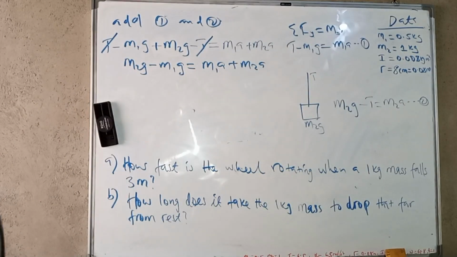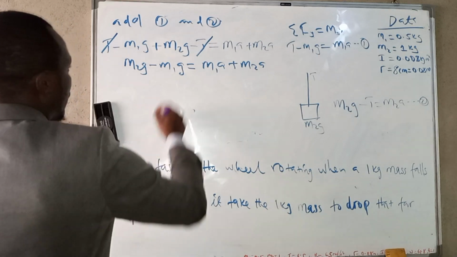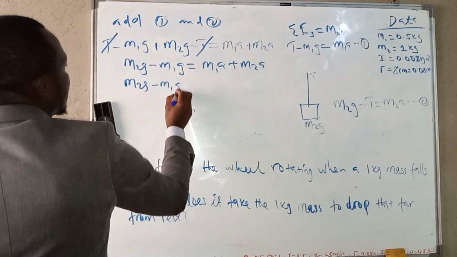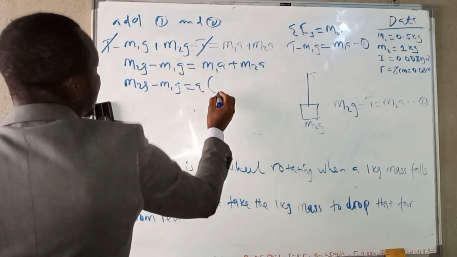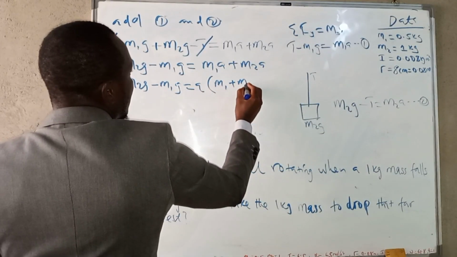From this, we can make A the subject: M2G minus M1G is equal to A times M1 plus M2.